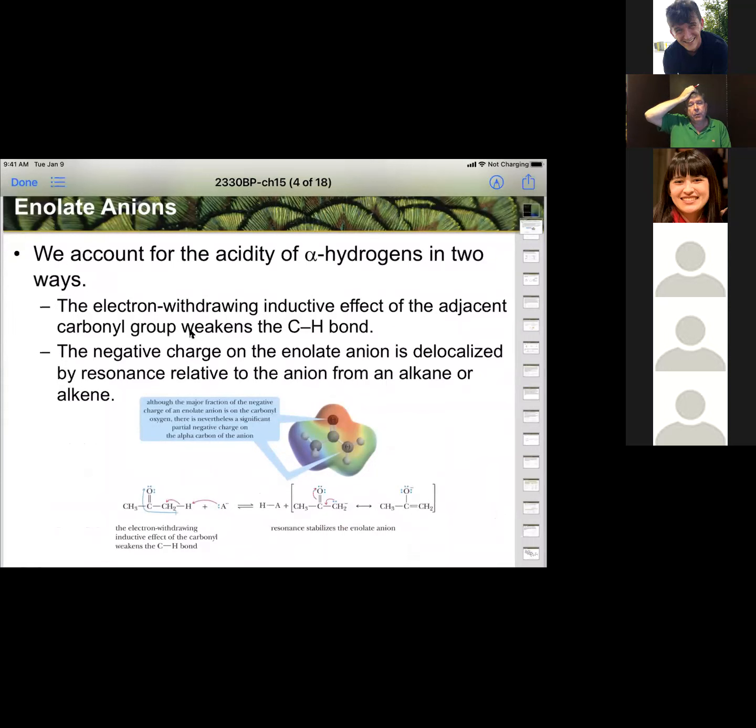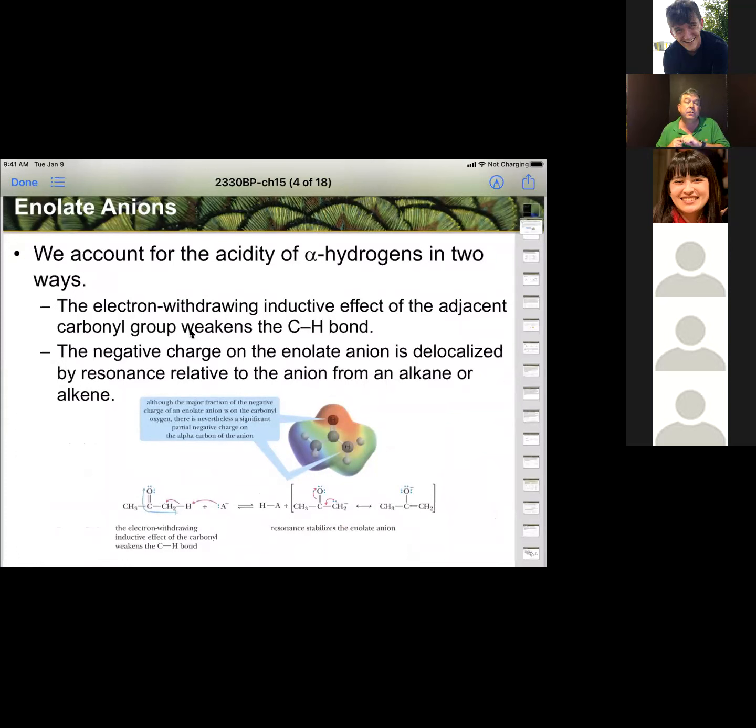Well, let's see, we probably have some kind of resonance effect or inductive effect. So the first thing we have is that the carbonyl compound is electron withdrawing because it has a partially positive charge on carbon. So it's going to be pulling some of the electron density away from it. And remember, that's creating an easier way to form a negative charge because we're pulling electron density away.